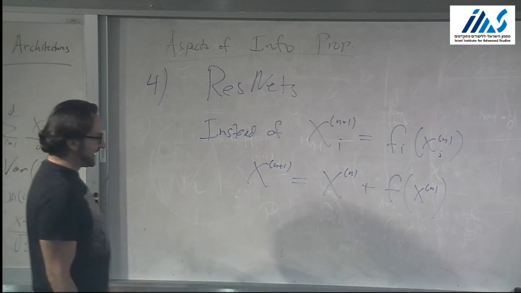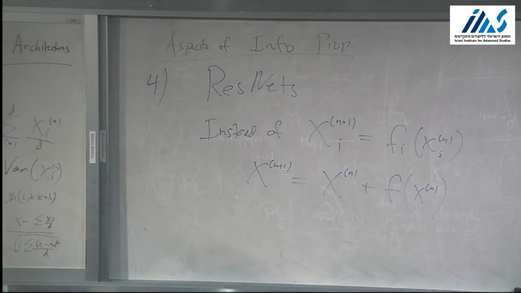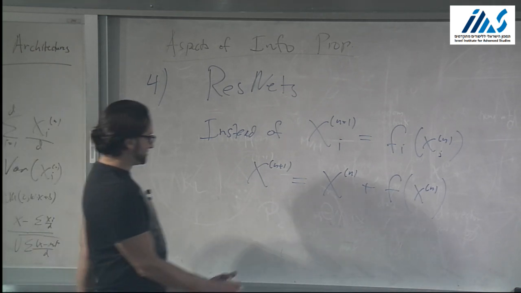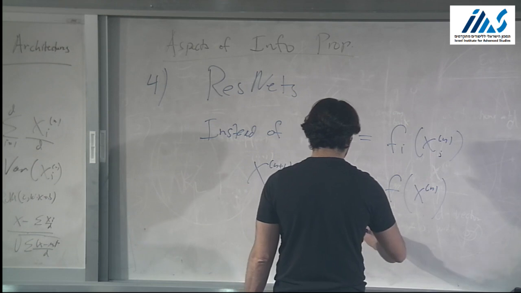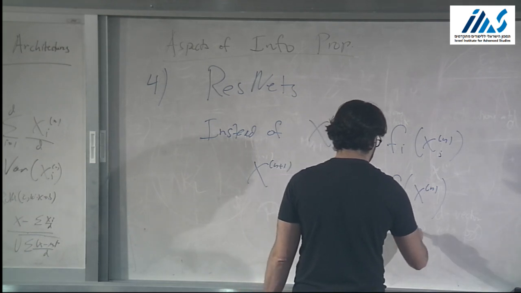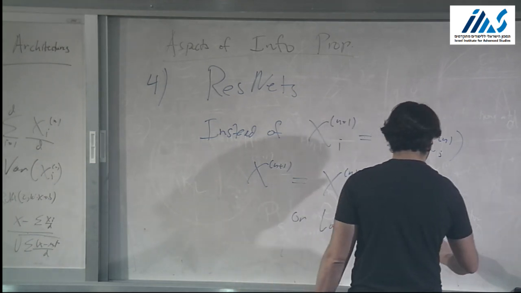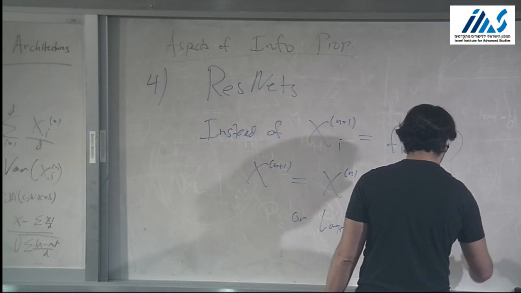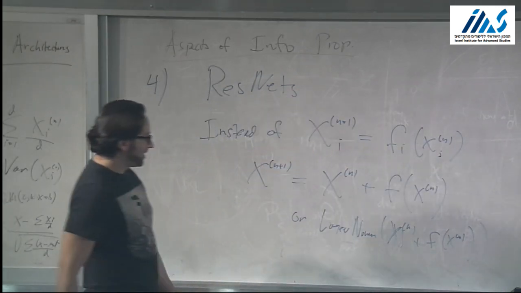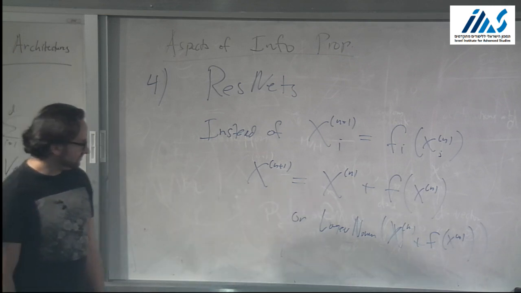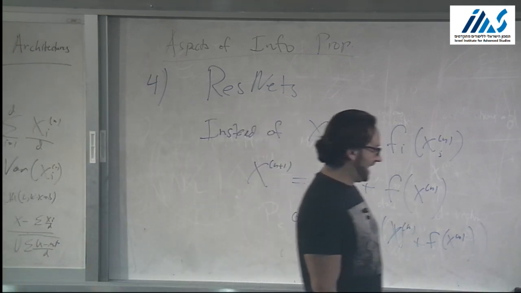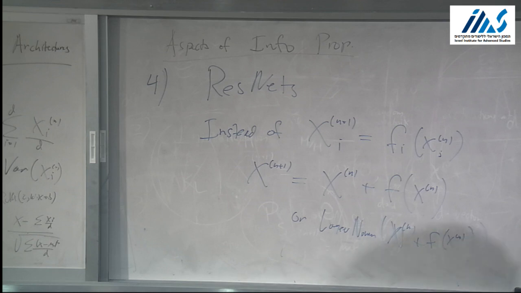Of course, I can combine together all of these different things. So I can make this be this, or for example, I could make it be layer norm of x_n plus f, to try to preserve the normalization. But regardless, this is a thing I can do. And this definitely has like 10,000 citations.